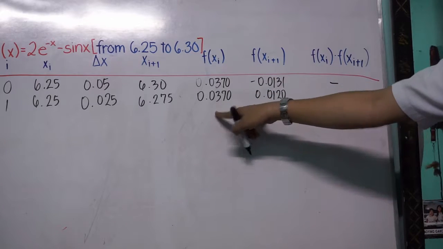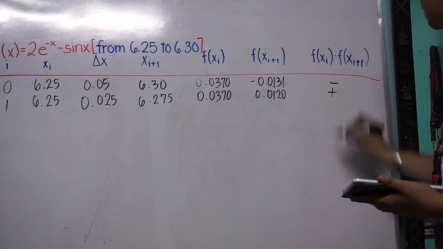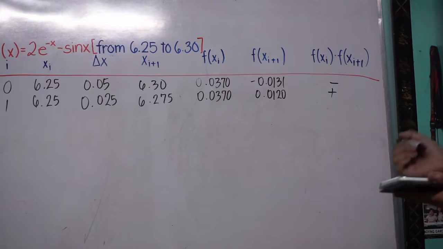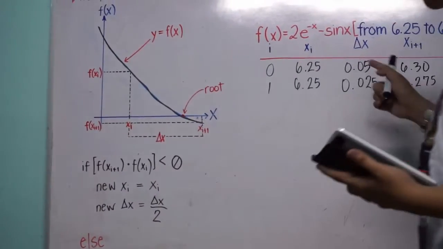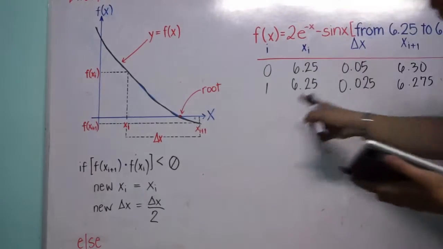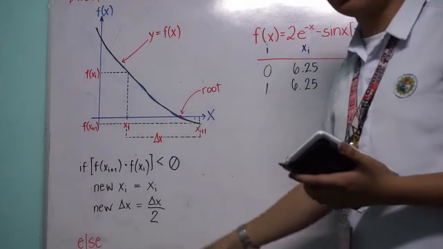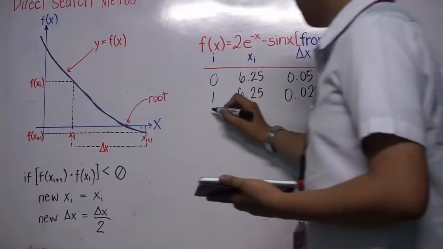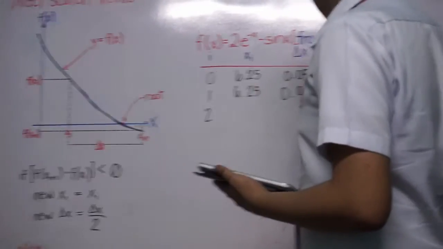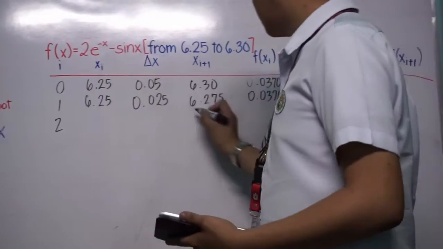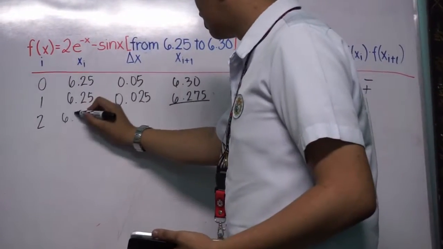These two generate a product with a positive sign, which means the new x_i will be equal to the current x_i+1, and the delta x will remain as is.